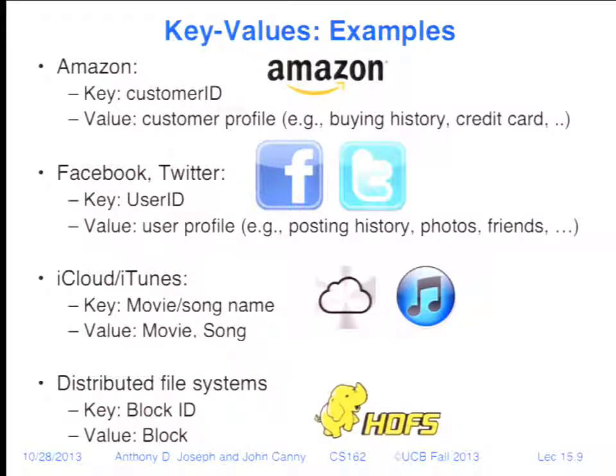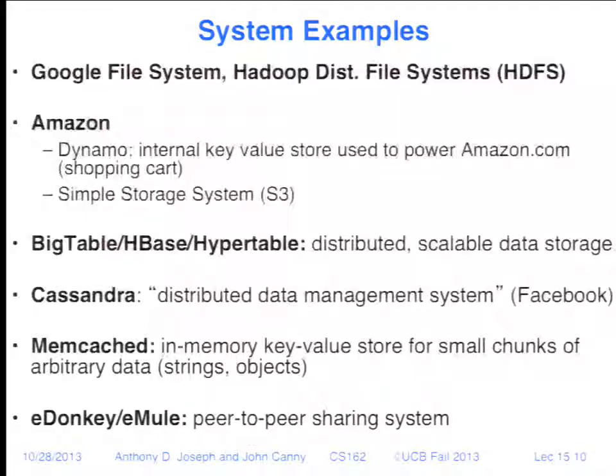All right. And a few more. Google's file system and the Hadoop file system, which is modeled after Google's file system, as I mentioned, have these two different layers of key-value store. Amazon uses a variety of key-value stores. Bigtable and HBase are somewhat customized key-value stores, again in a key-value format.